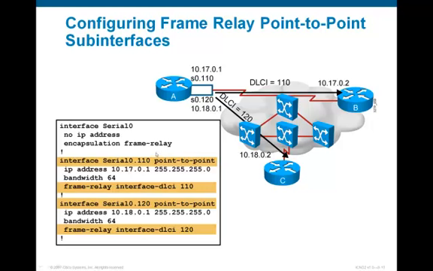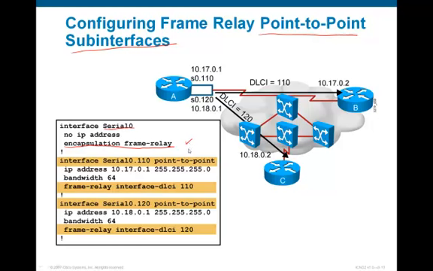Now, this is an example of how we can configure a frame relay point-to-point sub-interface. Here, the S0 interface has been enabled with frame relay encapsulation. So this is a prerequisite.